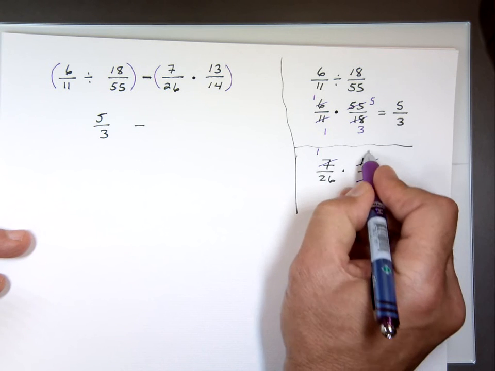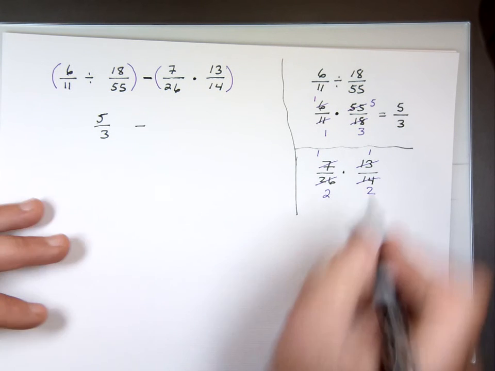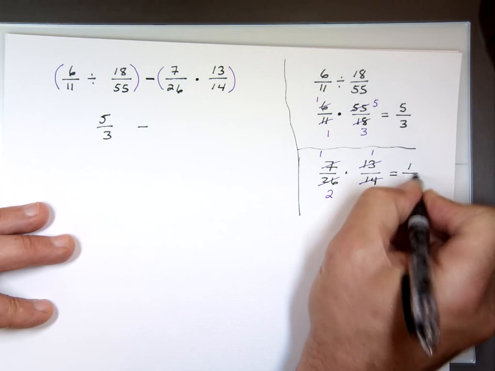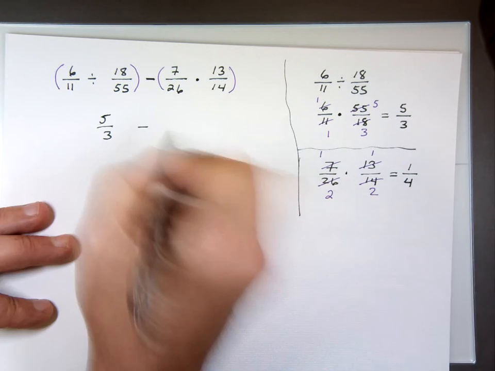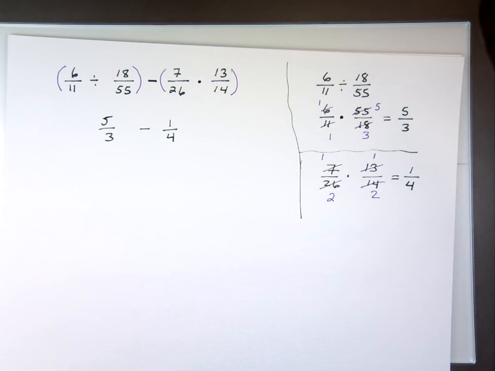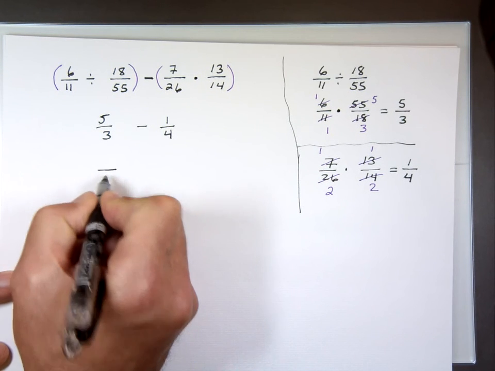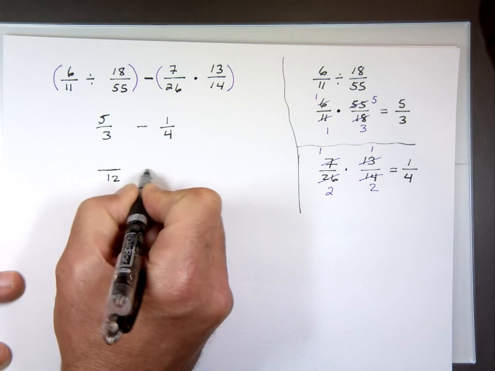By 13 this is 2. 1 times 1? 1 over what? 4. So now that takes us back to last class, adding and subtracting fractions. To add or subtract, what do you need? The least common denominator, yes. And the least common denominator for 3 and 4 is 12, the first number that you can divide by 3 and 4.